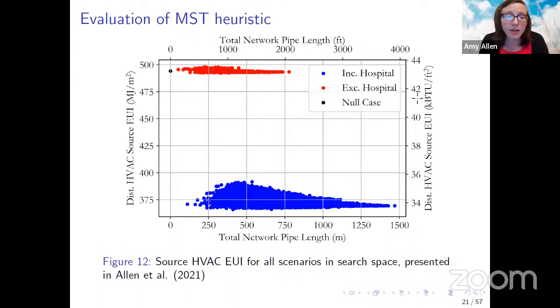And this bears out the trend of the hospital building having a lower source EUI when served by the district network. And its significantly higher EUI and loads drive that result for the network as a whole. And it's worth noting that the null case exhibits the highest source energy use intensity for HVAC.